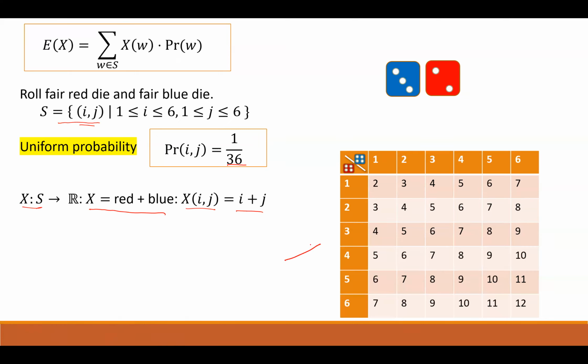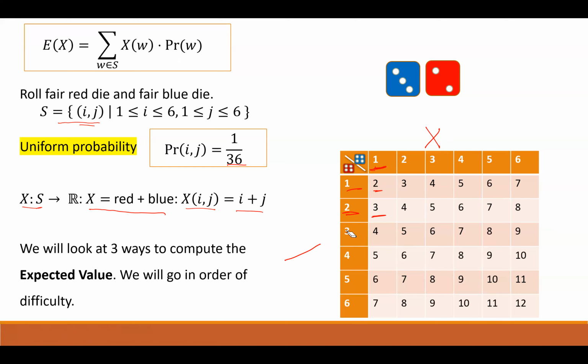So this table is really a table of our random variable x. So x11 is equal to 2, x12 is equal to 3, etc. This table is a mapping of our random variable. We want to compute the expected value of rolling two dice.